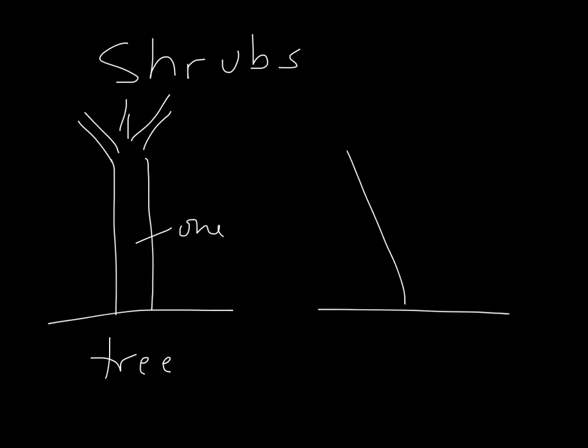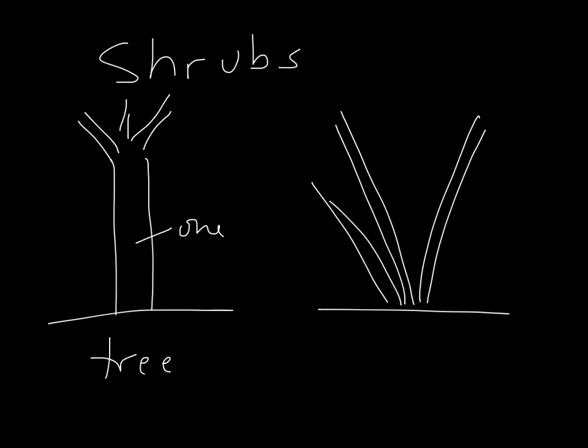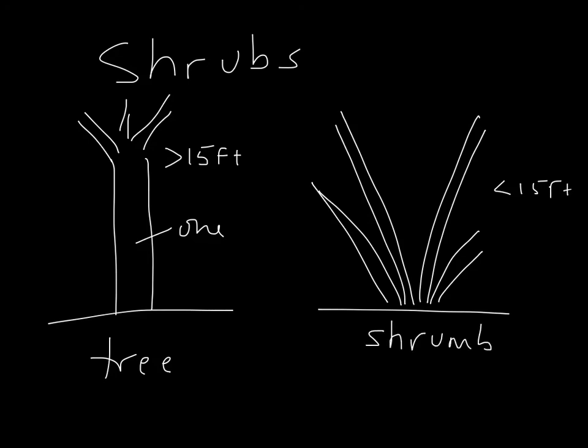If you see something that has multiple trunks, like this, and it tends to be much smaller, this would be over 15 feet, greater than 15, and this would be less than 15 feet. Then this is going to be a shrub. And there's no perfection here. Plants don't read the books. So there'll be a time that you might just have to ask me whether it's a tree or a shrub.